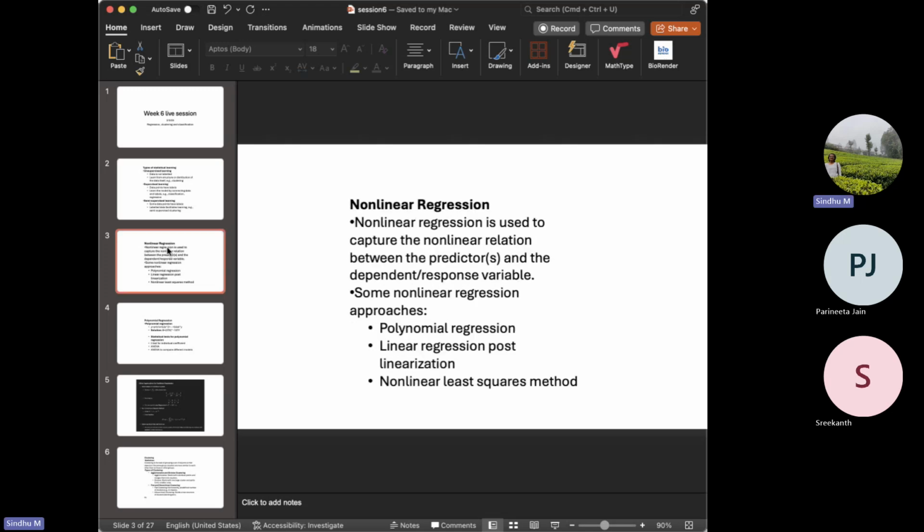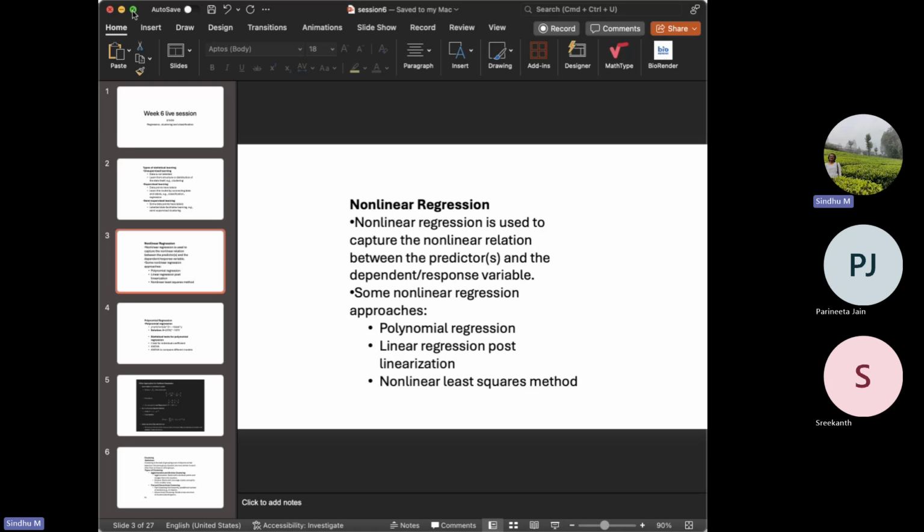The important concepts covered this week: we covered more on regression. In week 5, we covered linear regression. This week, we start with nonlinear regression, and then go on to logistic regression and other types.